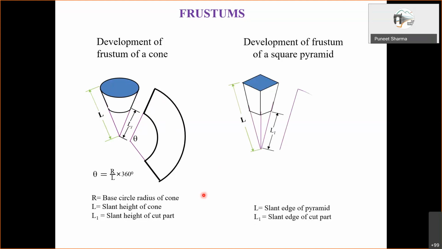So again the sector is to be drawn, and as we discussed, this is what we obtain, but these are straight edges. So we keep marking the true length of these edges on this circular arc. So 4 edges we have to mark, and then all these triangular faces.